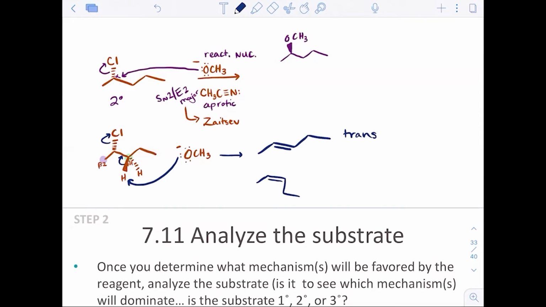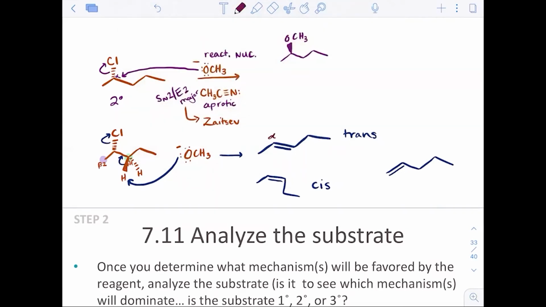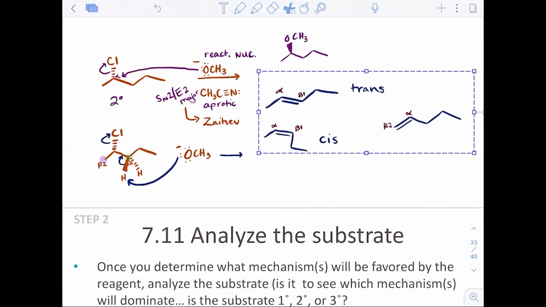And if we decided to do the mechanism for beta 2, we see we get a monosubstituted terminal alkene. No cis or trans on that one, but this would be alpha and beta 1. Alpha and beta 1 rotated, right? Because there's 2 protons there, so we need to analyze both protons. And then alpha and beta 2. Out of all 4 of these products, let's just move them up here.